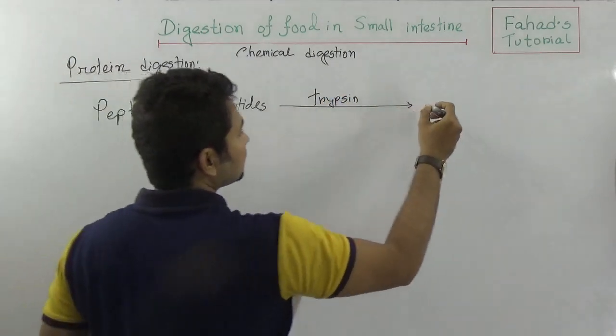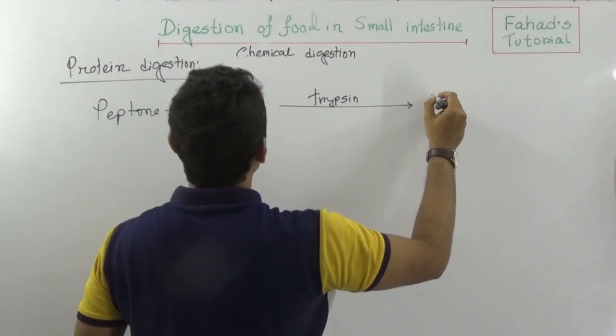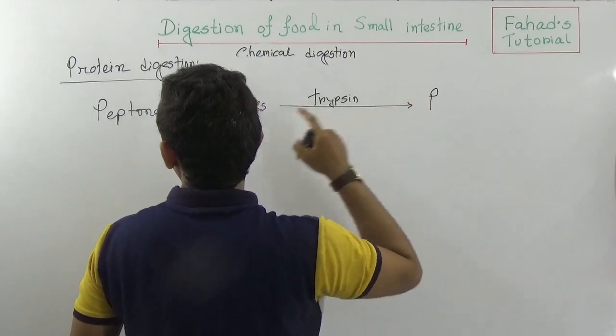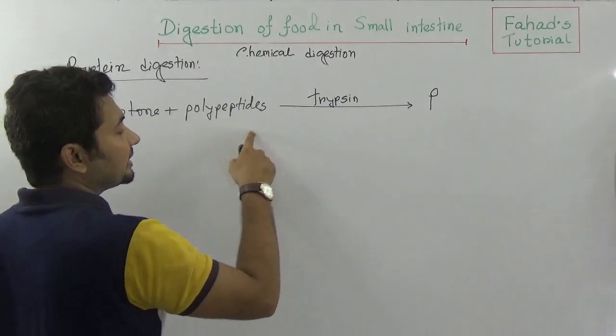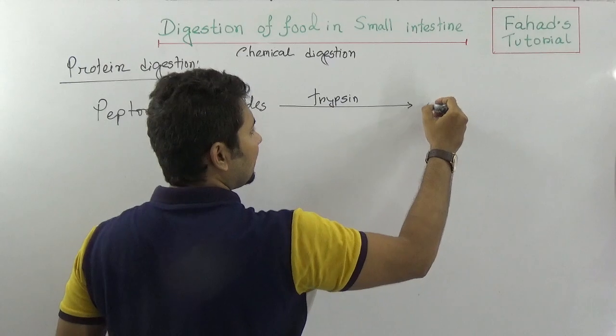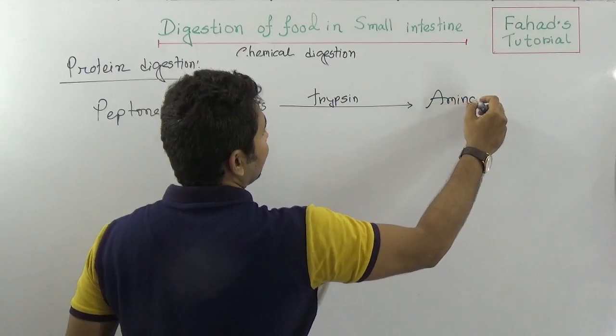So peptones and polypeptides, with the activity of trypsin, will produce amino acids.